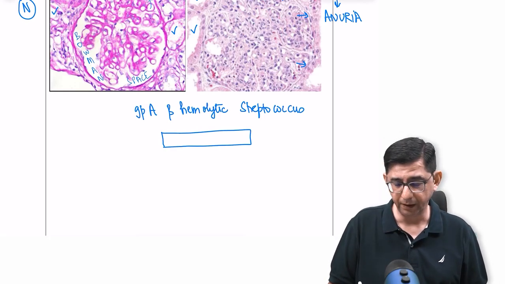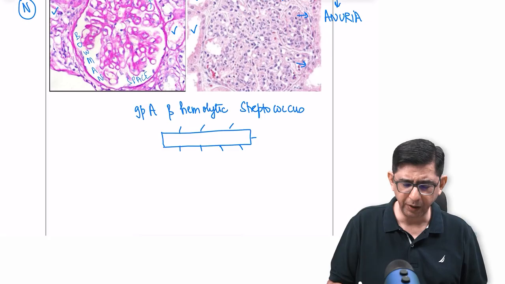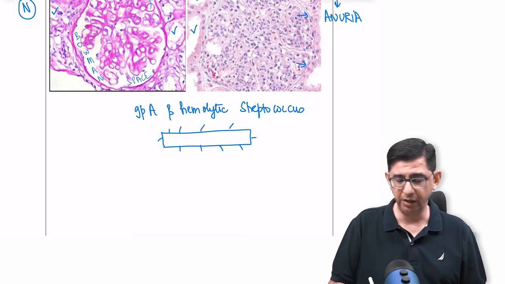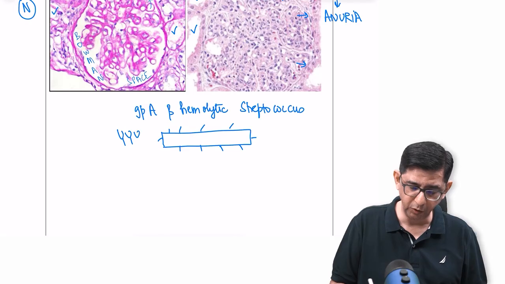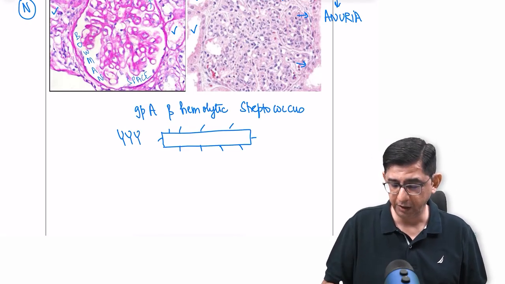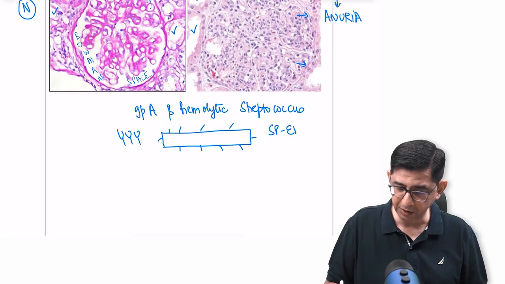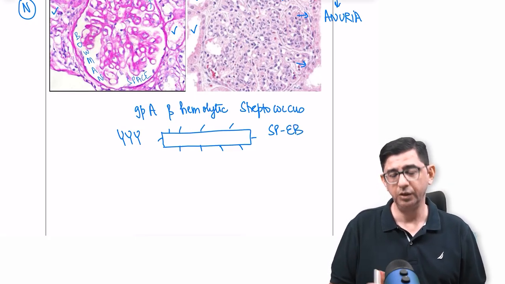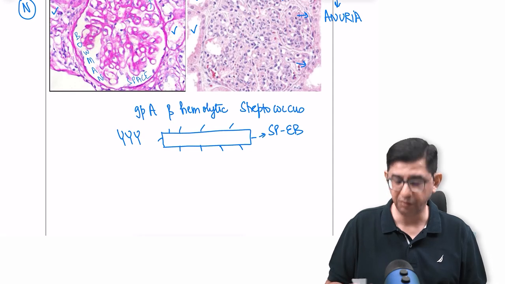This bacteria has antigens on its surface. Like any other bacteria, there would be antigens present, and against those antigens, antibodies will obviously be produced. The name of the antigen for the current topic is SPEB. This is the antigen present on the surface of this bacteria.